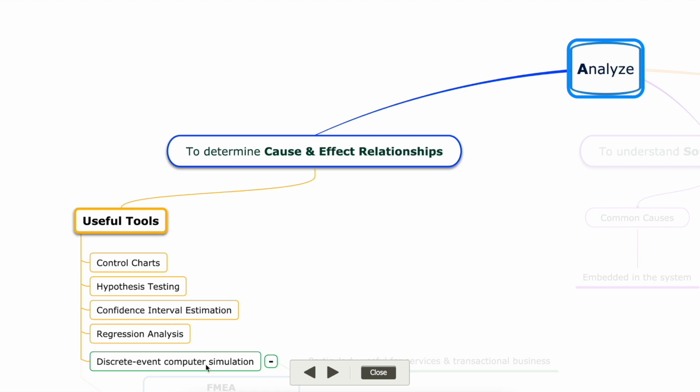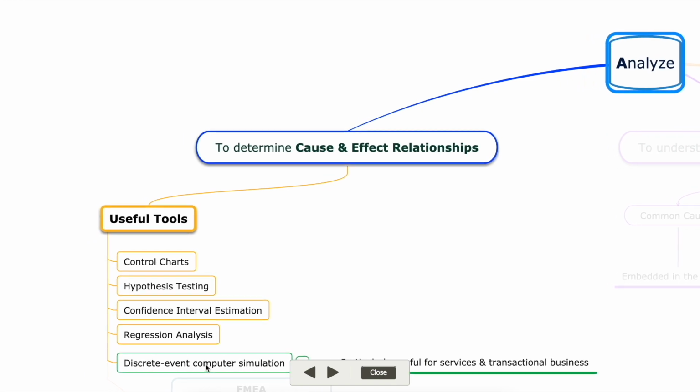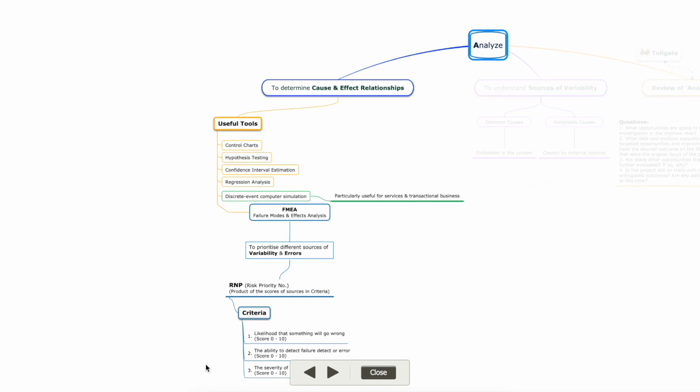So in addition to these useful tools, there is another one which is FMEA. FMEA is the failure modes and effects analysis, which can help us in understanding the cause and effect relationships. In this FMEA, we prioritize the sources of variability and errors. With the help of this, we get a number, RPN, which is the risk priority number.